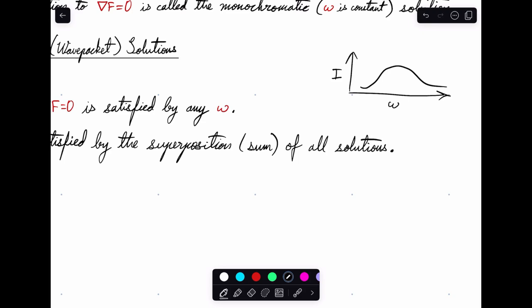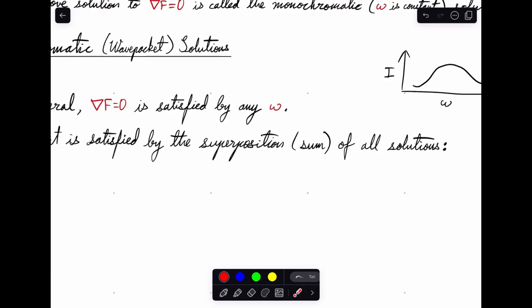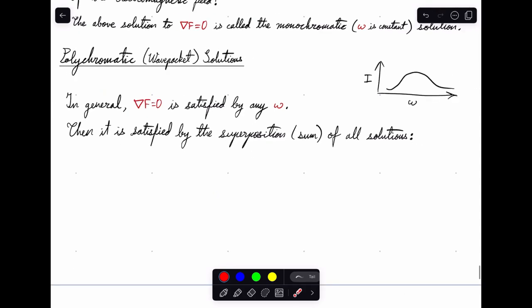That means you can vary omega and then sum all the different omegas together, and because each individual omega satisfies this equation, their sum does as well.